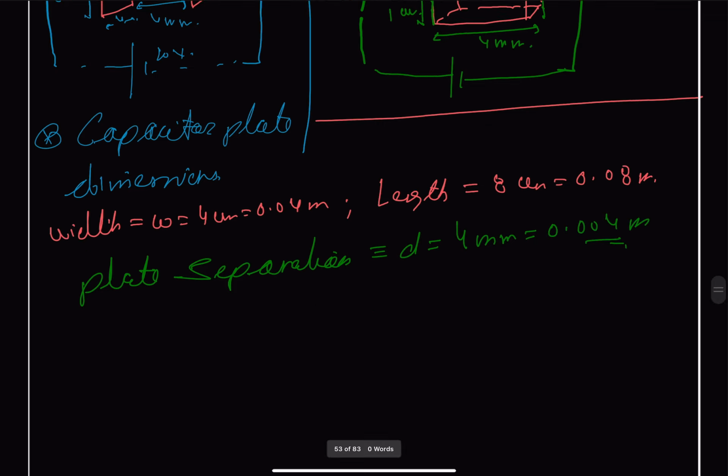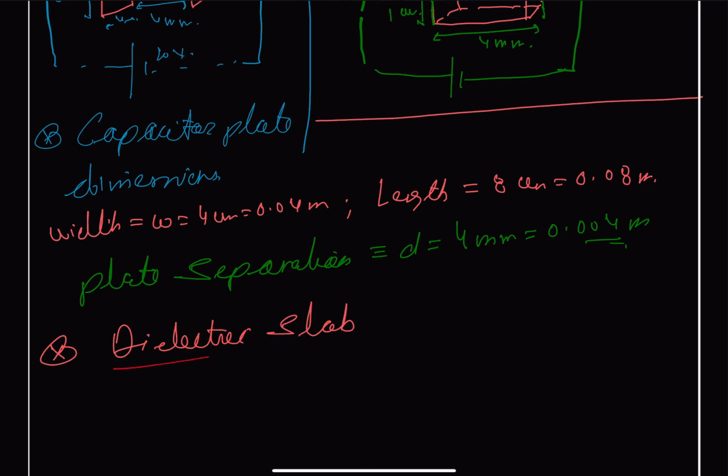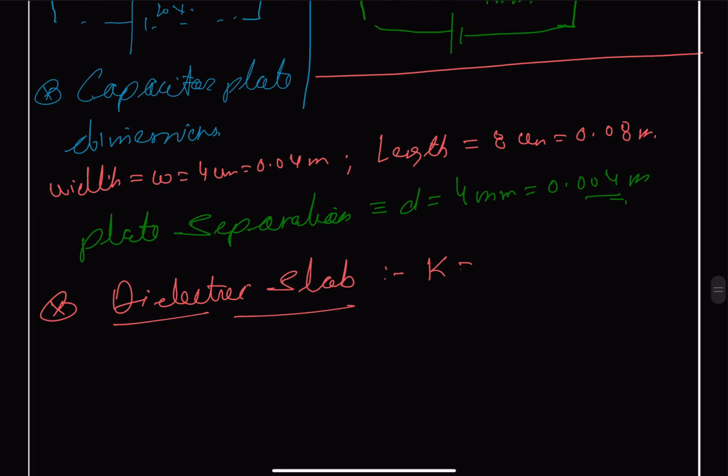Battery voltage is given as 20, that is common. Now the dielectric slab: dielectric constant is given as 5 and its length L is 1 centimeter, which is 0.01 meter.